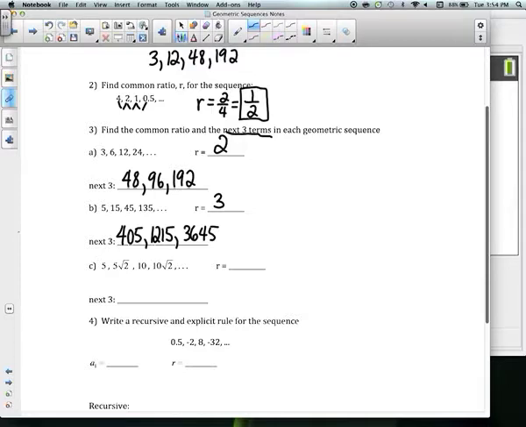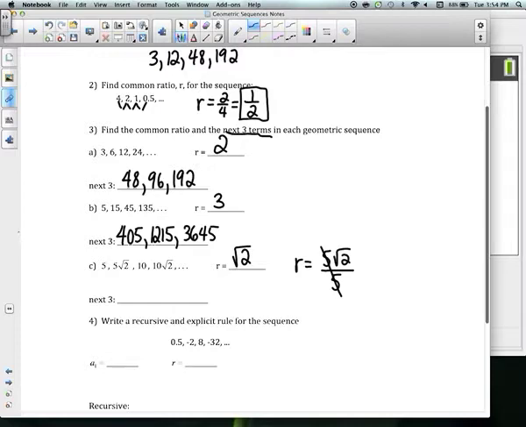Okay, the next one's a little trickier to figure out, but if we do our second divided by our first, it does have a radical. If you simplify that, the 5's cancel, so you end up getting a common ratio of root 2. Now, every other term is going to work out nicely.